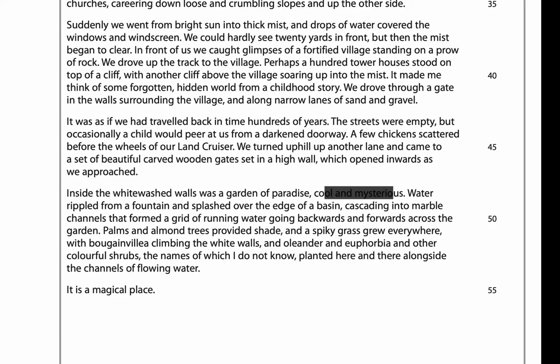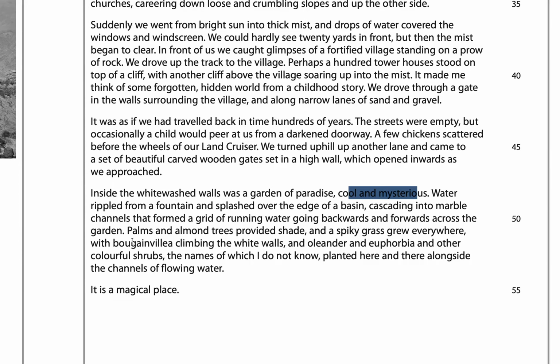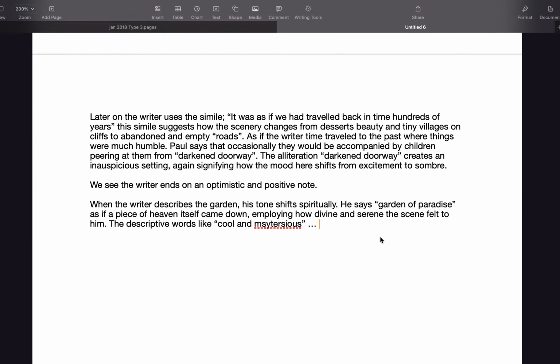And oh, there was another one. I think it was someone over here. Water. Yeah, there we go. Water rippled from a fontaine and splashed over the edge of the scene. I think that's a beautiful thing. You can say that.